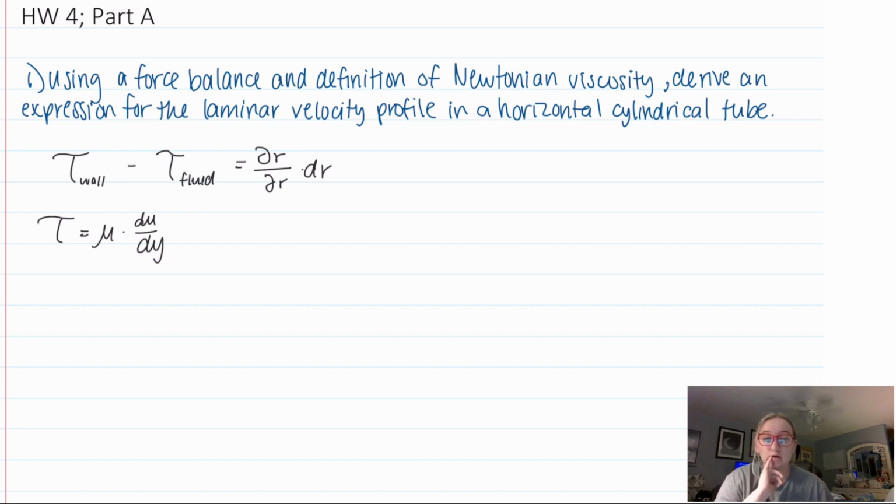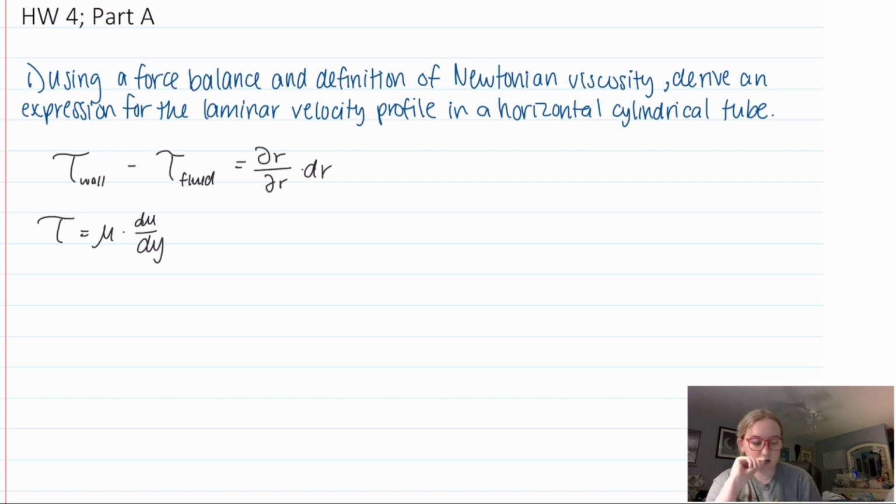So now integrating this equation to obtain the velocity profile. We're going to integrate from 0 to u on the left side and 0 to r on the right.